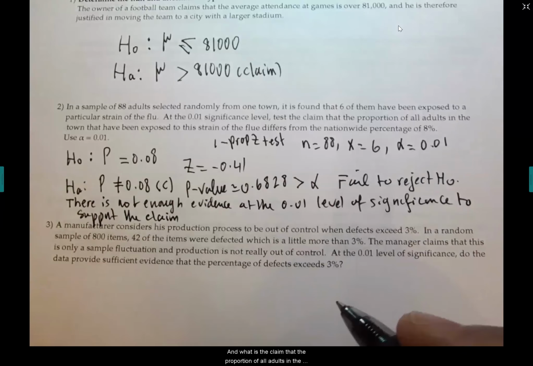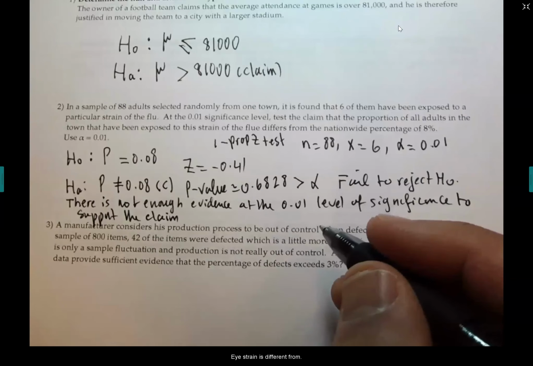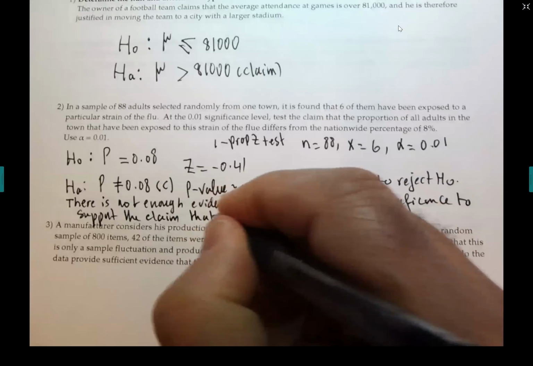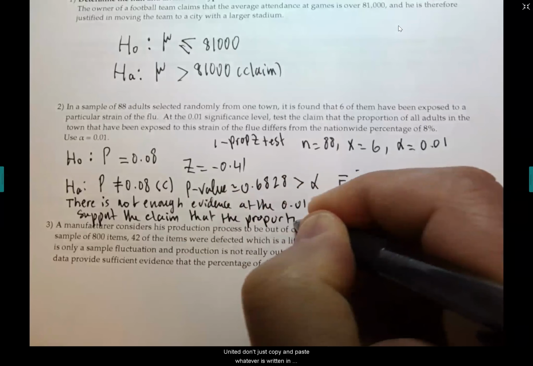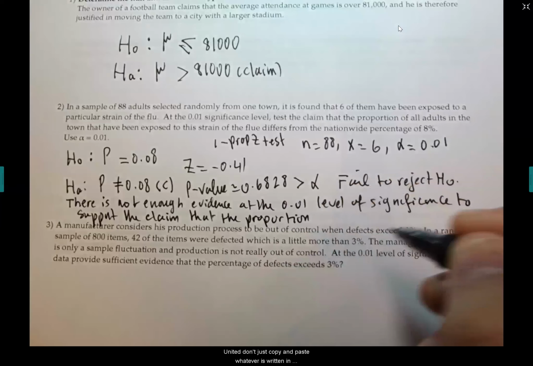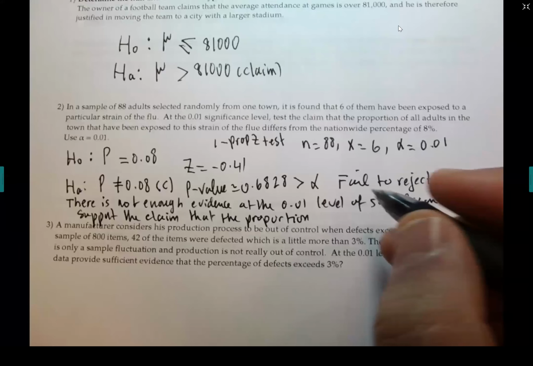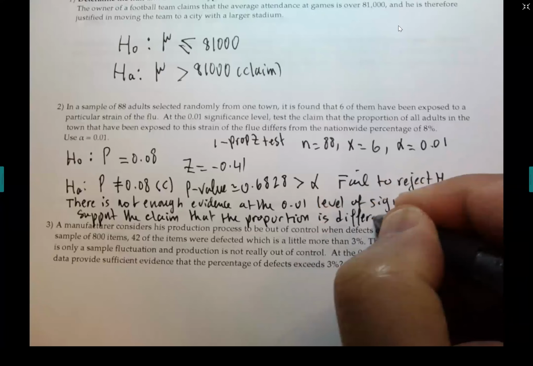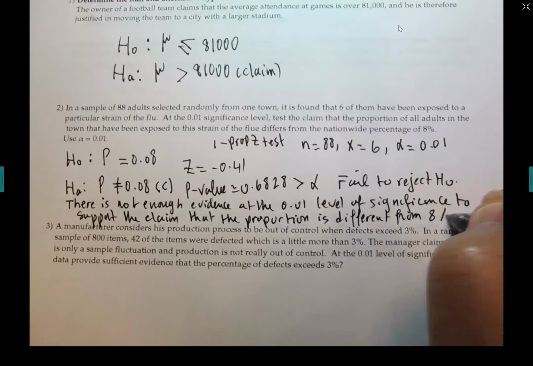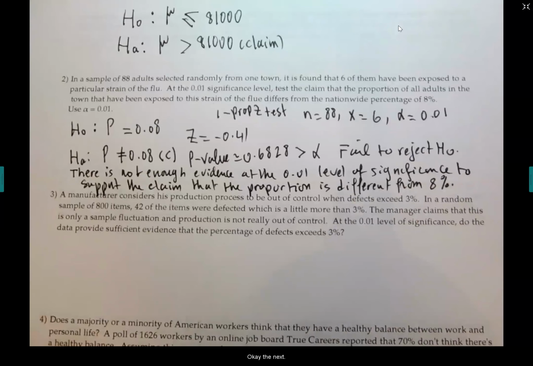That the proportion of all adults in the town that have been exposed to this strain is different from 80%. You write it down, just copy and paste whatever is written in the claim, that the proportion is different from 80%. That concludes this problem, guys. Okay, the next one.